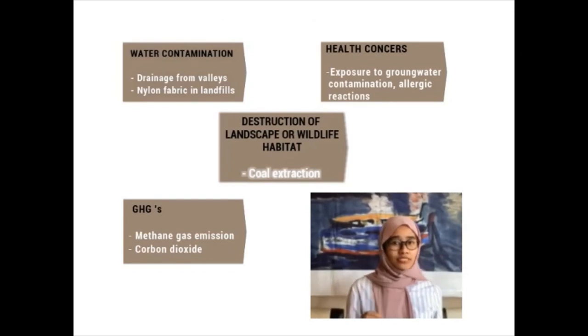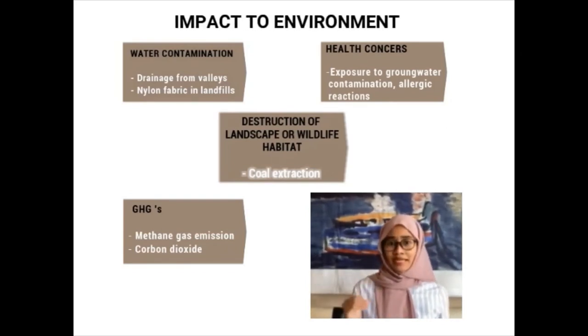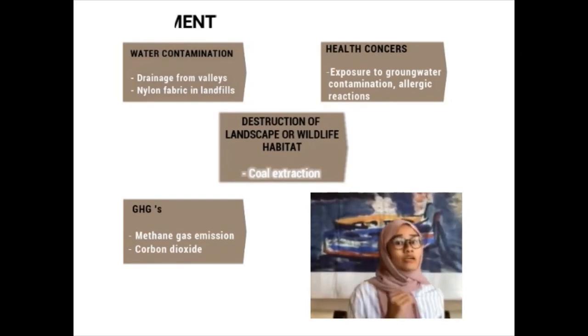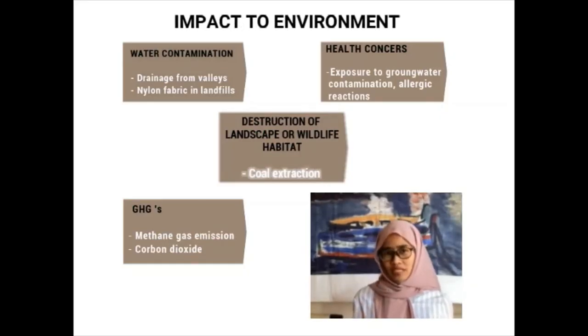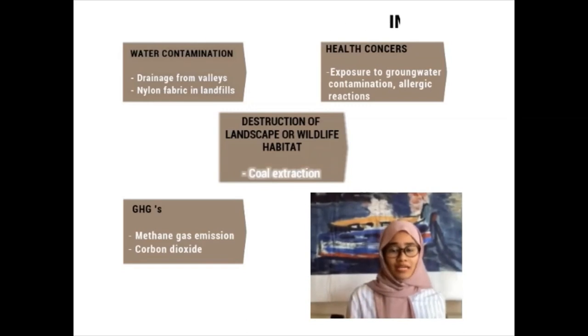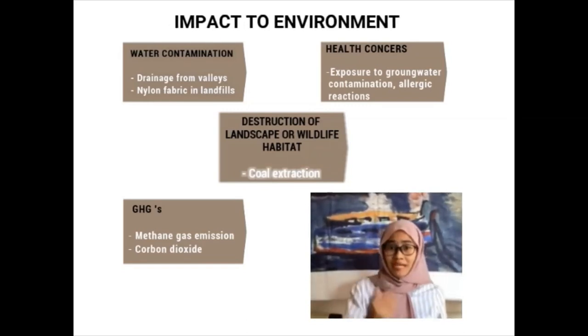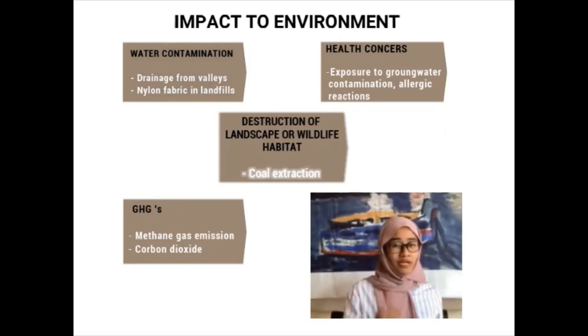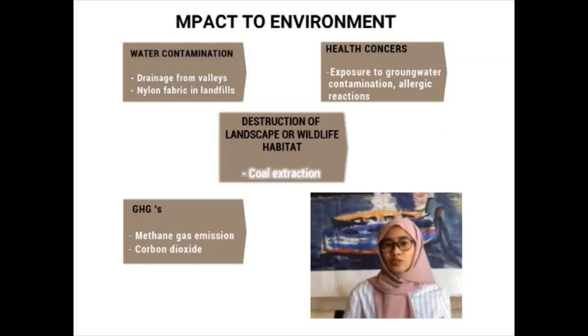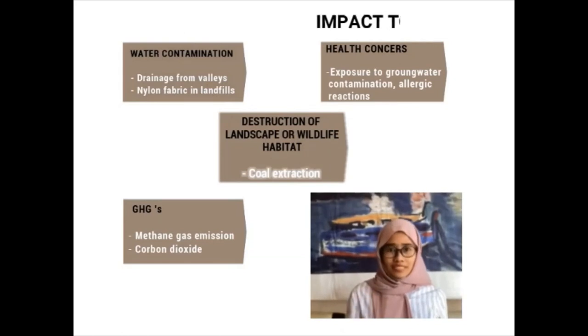We also have water contamination due to the mining activities for the raw materials obtained. Also the impact is the destruction of wildlife and the landscape because of these mining activities. And last but not least, the impact is on the health of humans themselves because of these pollutants.